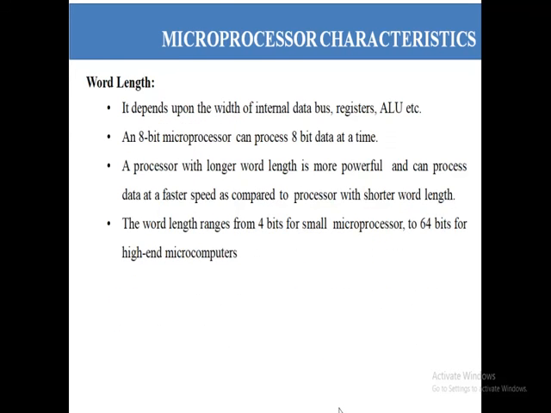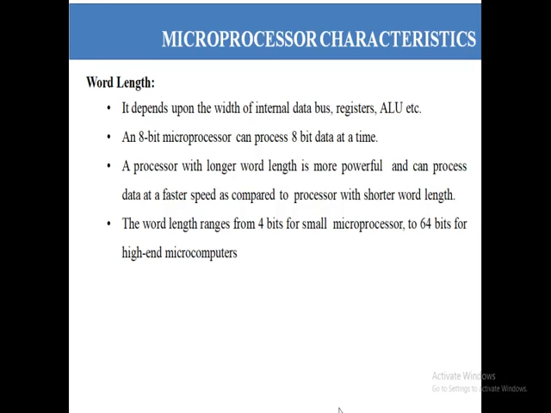So next one is word length. It depends upon the width of the internal data bus, registers, and ALU. So if we say that 8086 or 8085 is an 8-bit processor, that means it can process 8-bit data at a time.